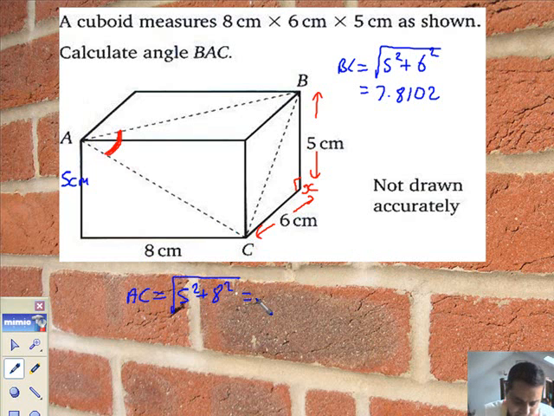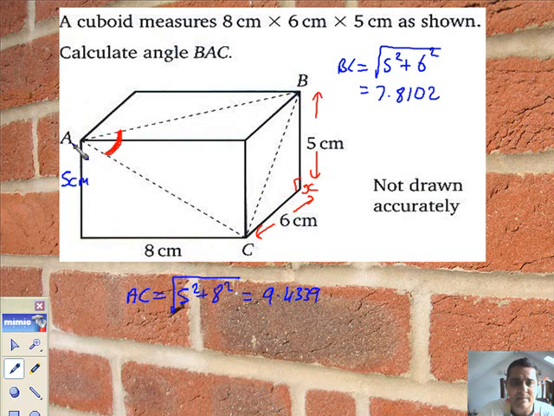Do it in one step. So 25 plus 64 equals, and now we're going to root that, and that gives me 9.433. That'll do. 9.4339. That's good enough. And that's that one. So I've got BC, I've got AC.